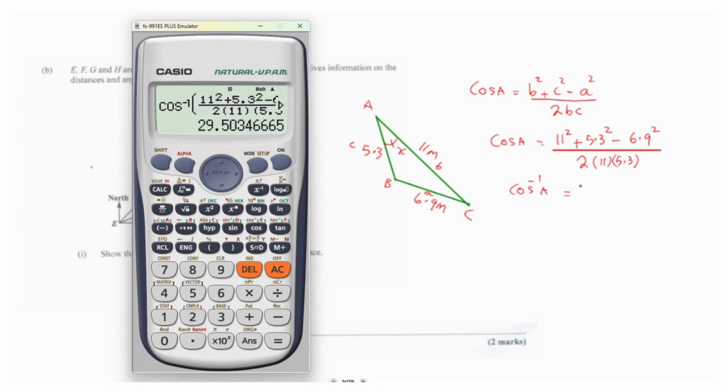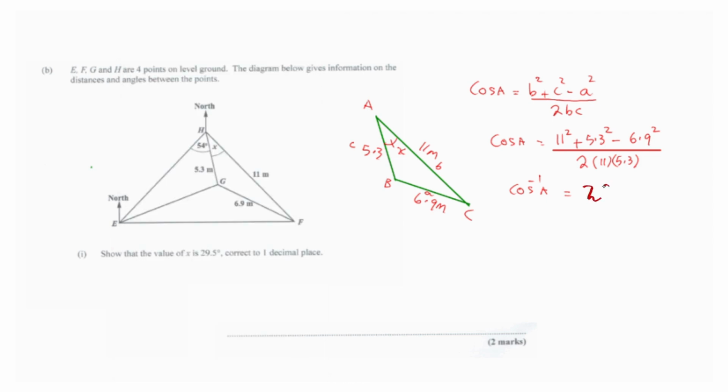So we have 29.5 degrees to 1 decimal place, as required.